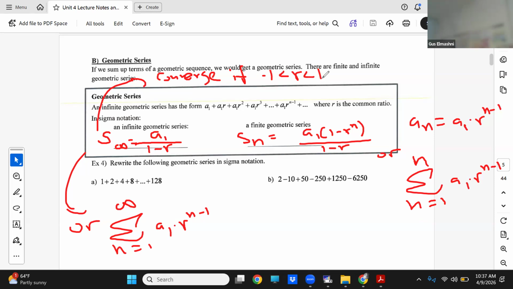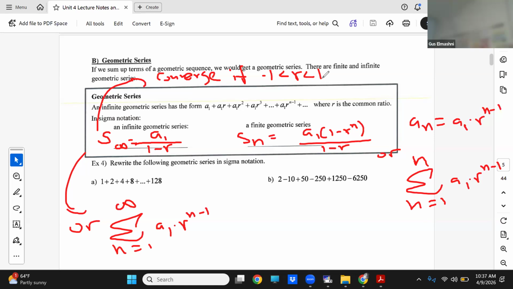And what if your R value is like 3? If you have 2, 6, 18, 54, it goes on forever, right? But what if your R value is 1/2 and your first term is 10? You have 10, 5, 2.5, 1.25, 0.625, 0.3125, and so forth. Ultimately, the terms will converge down to 0, right? So the sum is something we can figure out if the R value is between -1 and 1.